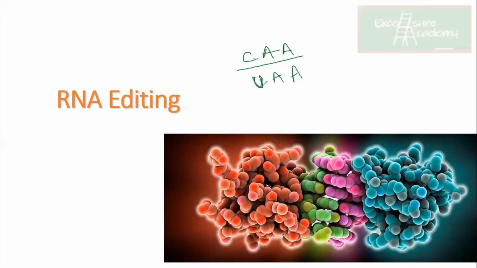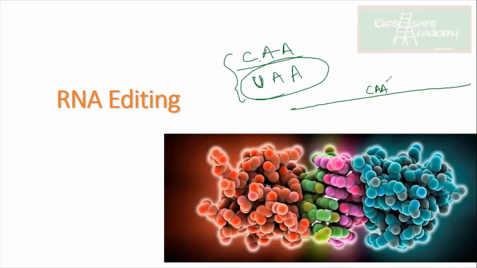Cytosine से uracil बन रहा है. So, there is a deamination. Okay, deamination procedure happening. So, cytosine में अगर आप amino group हटा दोगे, so that will become uracil. Now, you tell me what is UAA coding for? Stop codon. Correct.